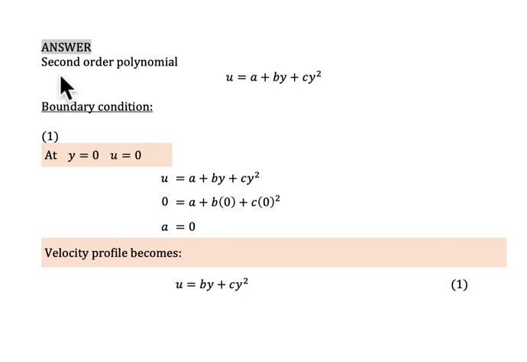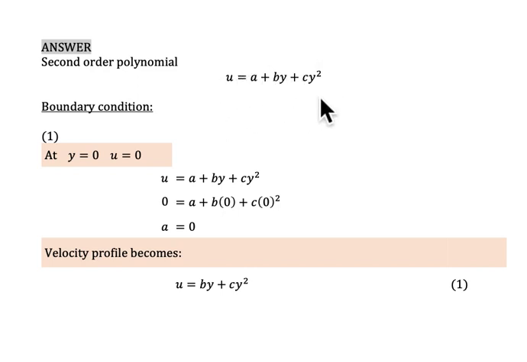That's why it's called a second-order polynomial. In this equation, we could see that there are 3 unknown parameters, A, B, and C. So we need to create 3 different equations and solve them simultaneously to get the values of A, B, and C.